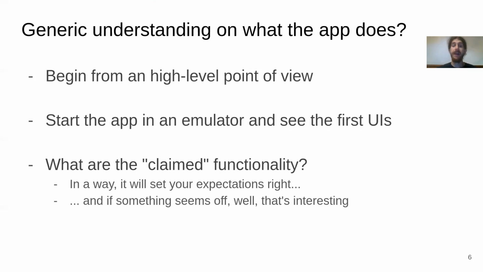task. If it's a benign app, usually the tasks that are actually carried out by the app are somehow in line with your expectations. And in most cases, it's much easier to understand, okay, this app is doing X, when you know already that more or less it's supposed to do X, okay?